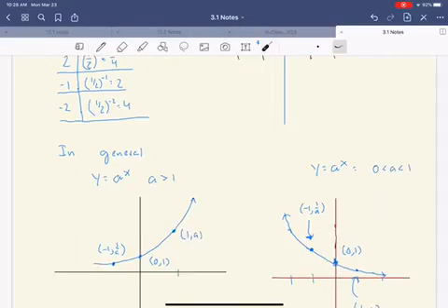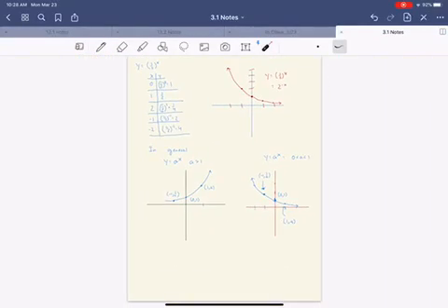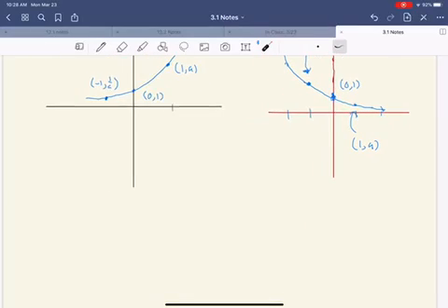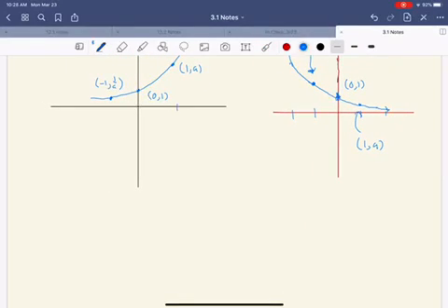Next thing we're going to talk about is graph shifts and transformations. So, let's go ahead and look at y equals 2 to the x plus 2. And let's graph this. Okay? First, well, let me make the graph.